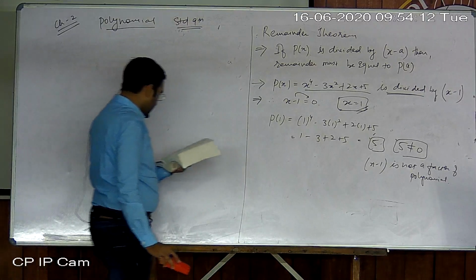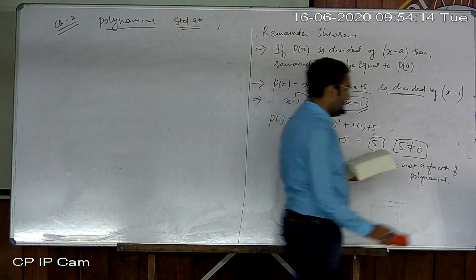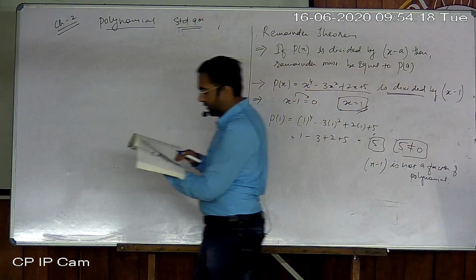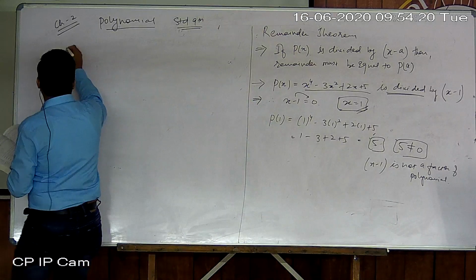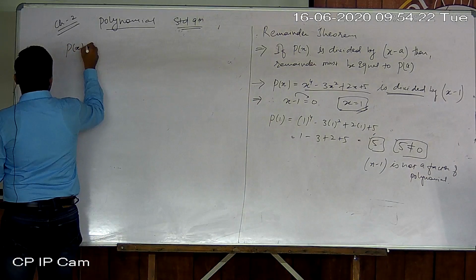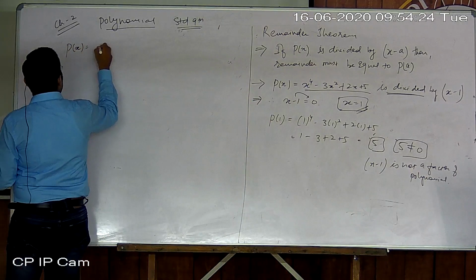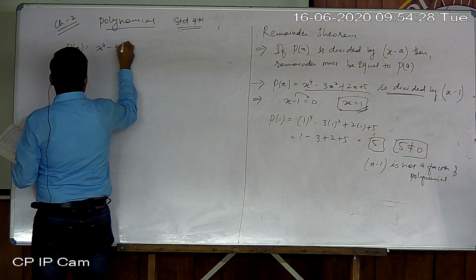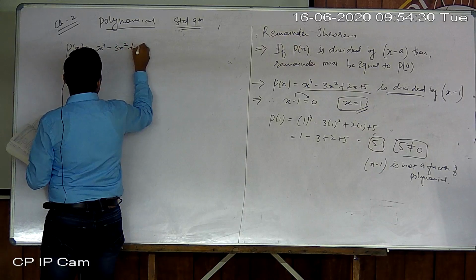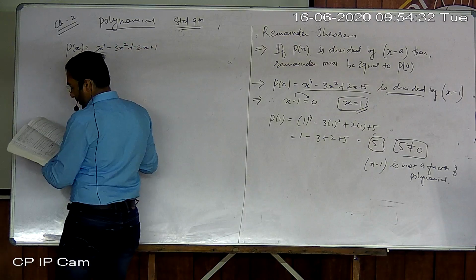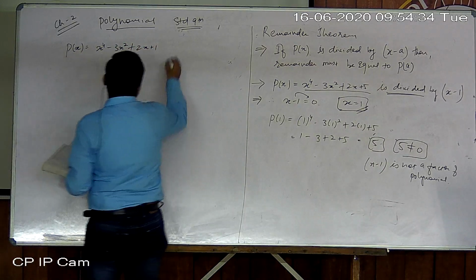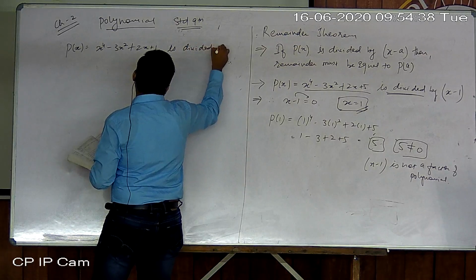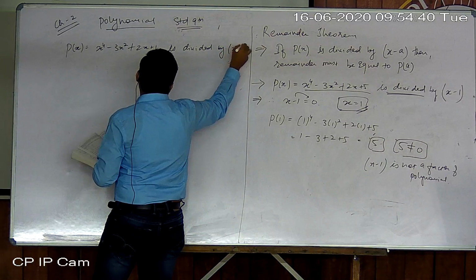Determine the remainder when the polynomial p of x equal to x raised to 4 minus 3x square plus 2x plus 1 is divided by x minus 1.